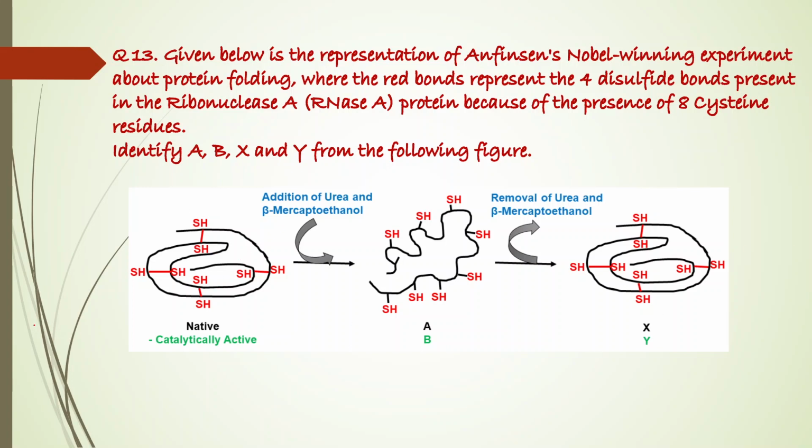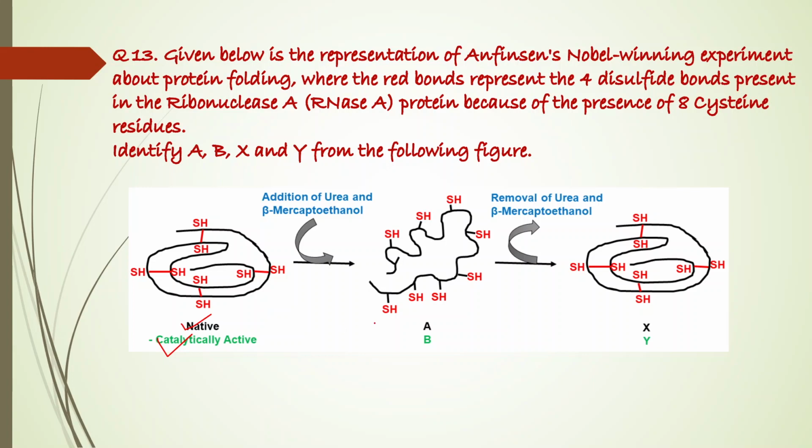So this was the experiment. First, it is the native structure of the protein and we all know only at its native state it will be catalytically active. Okay, so after the addition of urea and beta mercaptoethanol, we get this kind of structure.